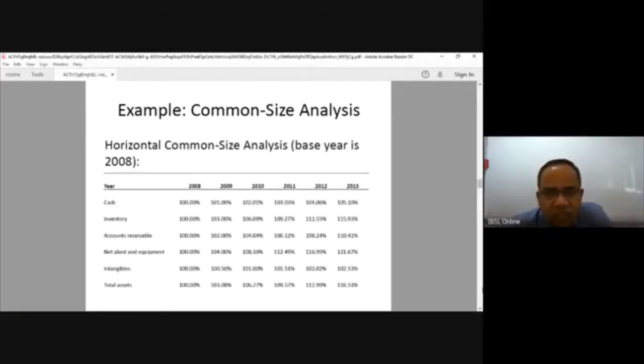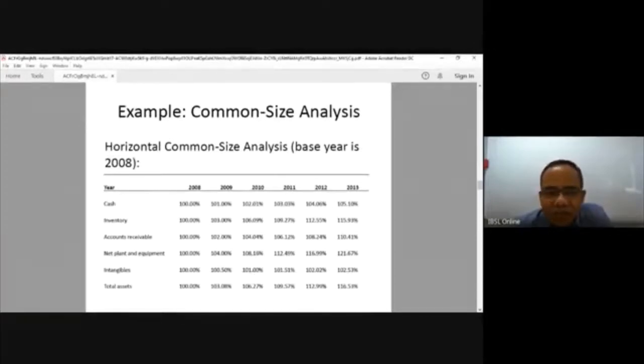But when you look at the horizontal analysis, the 2008 is the base. So 2008, whatever expenses, whatever balances in the cash, inventory, account receivable, net plant, all that is equal to 100%. So whatever increase in the subsequent years from that is mentioned as a percentage of the base year. So when you put that, cash with a base in 2008 is increased by 5.1%. Inventory increased by 5.93%.